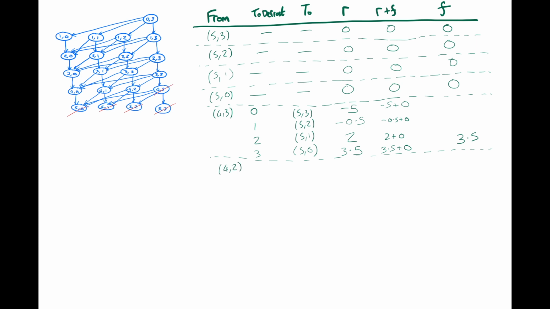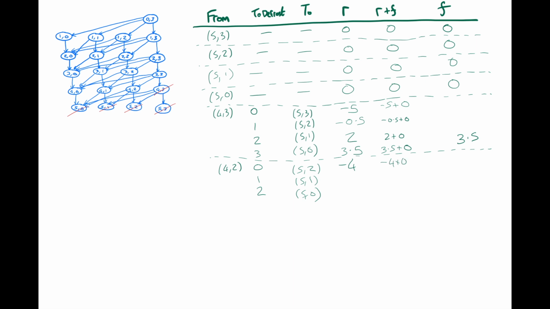Now let's look at state 4.2. What can we do here? We can defrost 0, 1, or 2 this time, and end up in states 5.2, 5.1, and 5.0. If we defrost nothing, then we will incur a fine of 2,000, and we're also keeping 2 boxes frozen at a cost of 1,000 each, so this will cost us minus 4,000. We will end up in state 5.2, which has a value of 0.